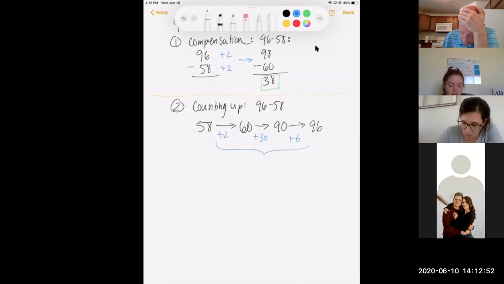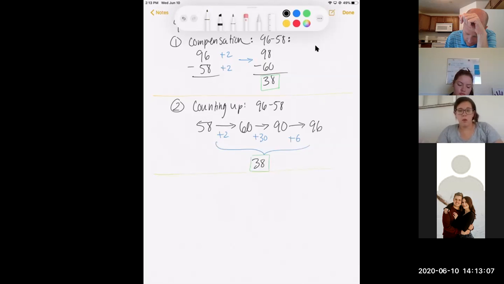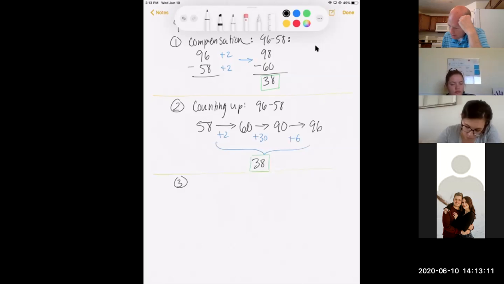And all of these together, you add them up, and then you'll find your difference. And that was 38. Any questions on counting up?